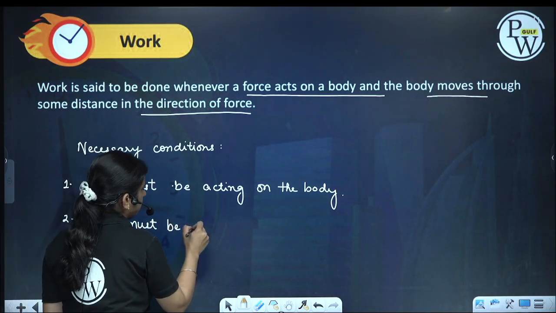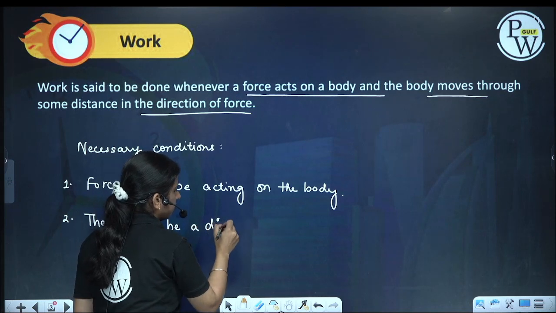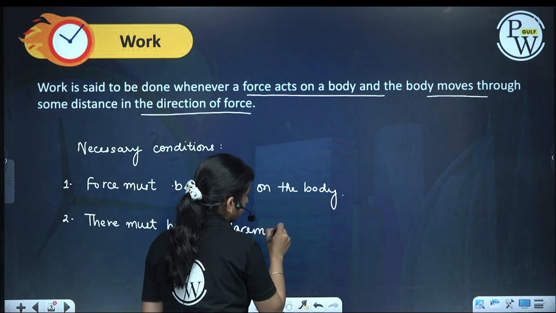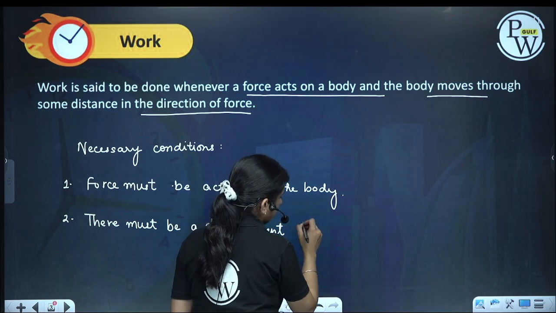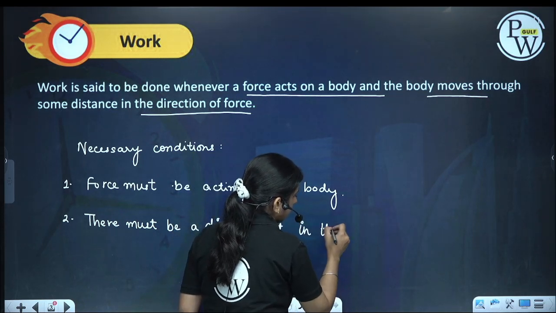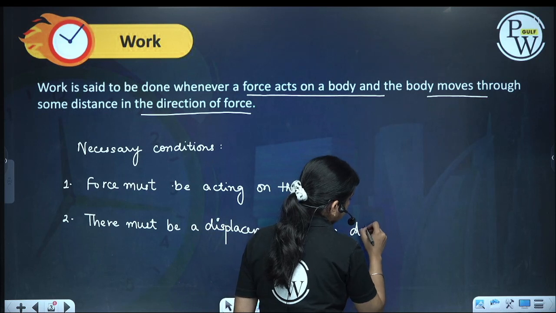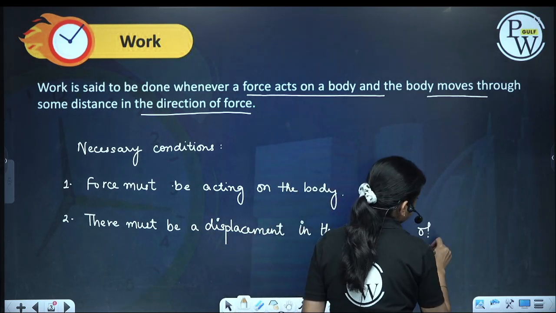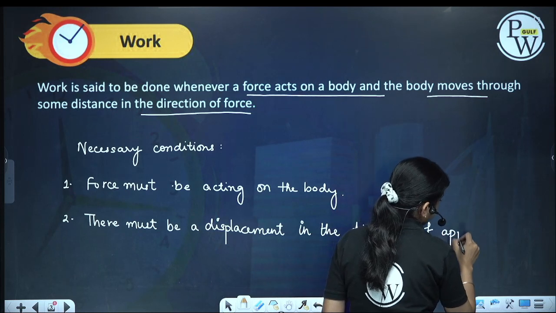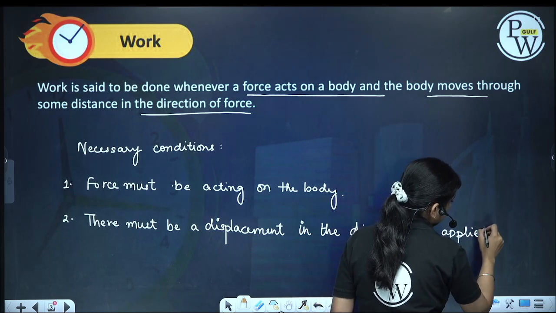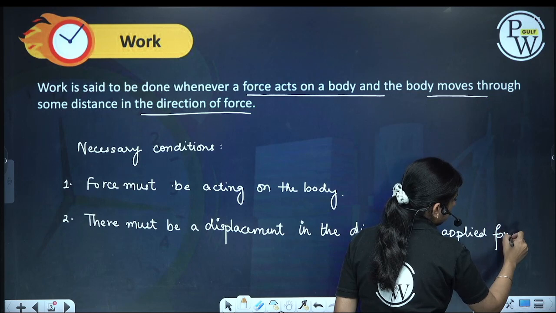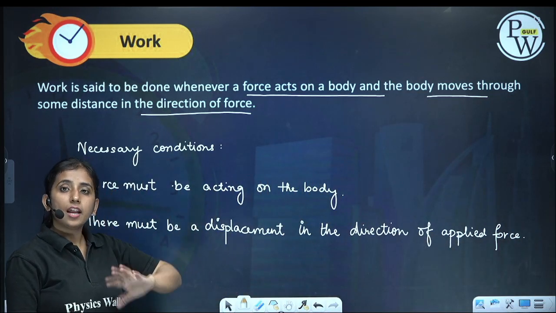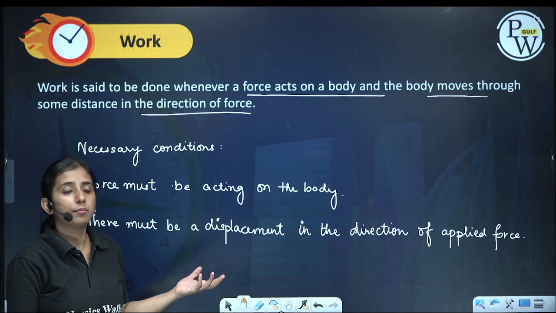There must be a displacement in the direction of applied force, then only work can be done by a force.